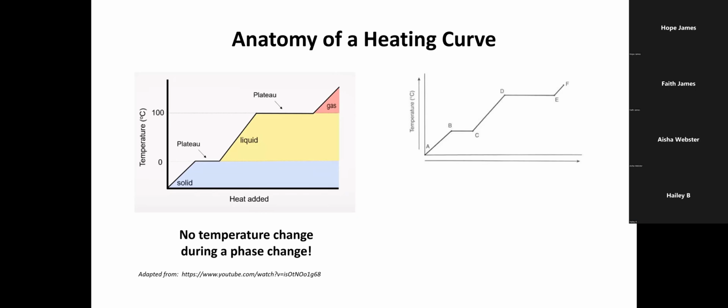Can you figure that out for this one? What's the melting point? Melting temperature, right? That's another word for it, melting point or melting temperature. It's going to be 0. It's where it flattens out in between the solid and the liquid.